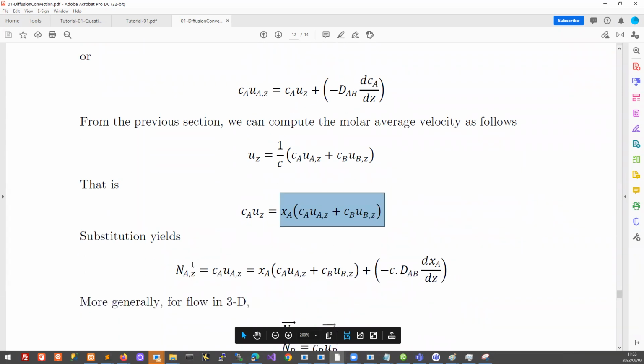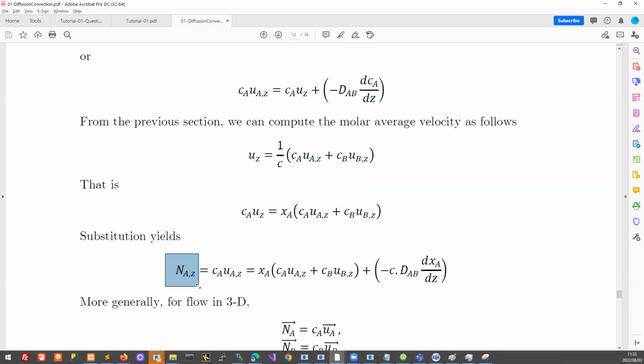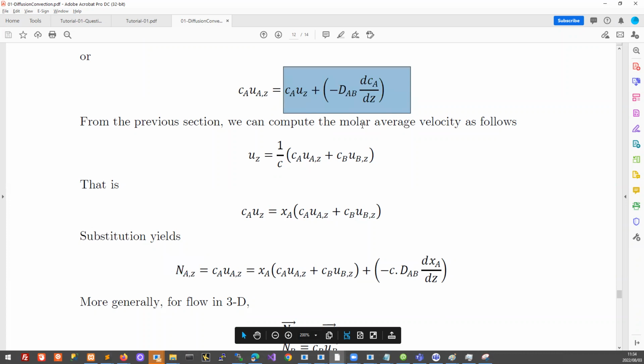And so we can say the molar flux of A due to both convection, the molar flux of A is equal to CaUAZ. And so we've said CaUAZ is this thing.